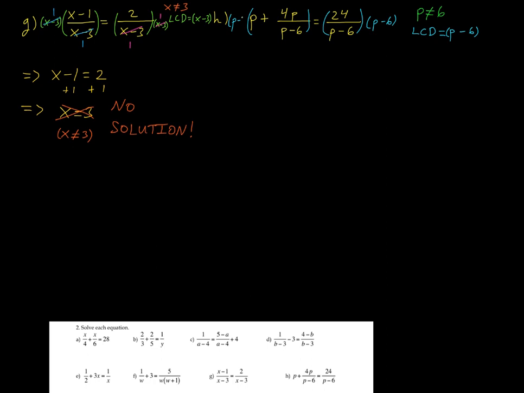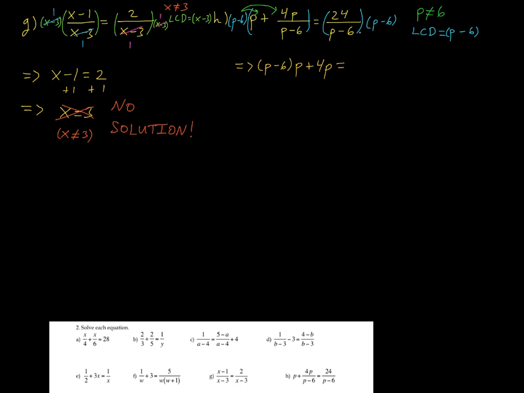And I'm going to need to distribute the p minus 6 on the left side. So distribute here and here. And so we will get p minus 6 times p for that first distribution. And then plus p minus 6 times 4p over p minus 6. And there, the p minus 6 factor will cancel out, and I'll be left with just the 4p. That's nice.